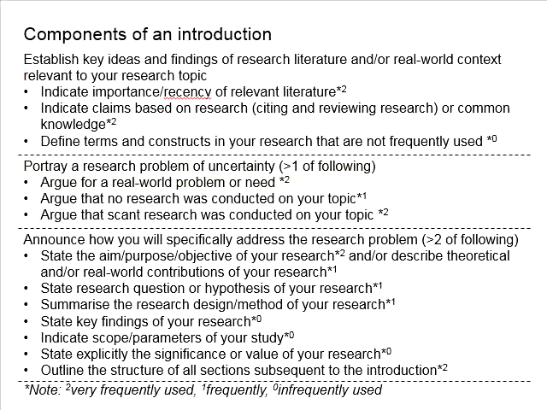You can indicate the importance or the recency of relevant literature. This includes presenting the relevant literature and indicating how those impact the understanding regarding the research topic. You may also indicate the claims based on the research, such as the findings given by different authors.